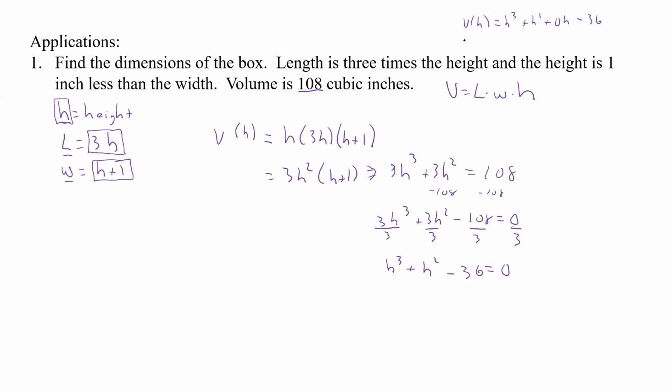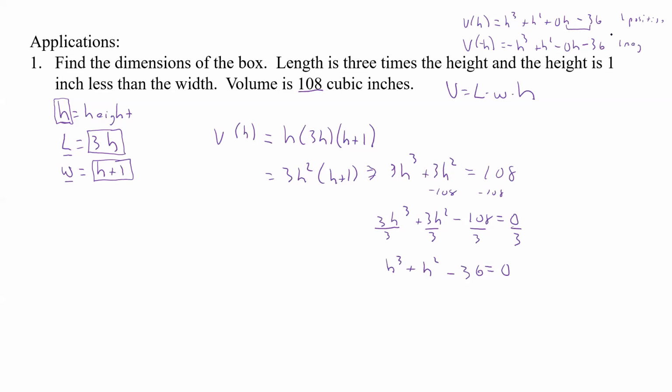And then we can also find v of negative h, and so that's going to be negative h cubed plus h squared, minus 0h and then minus 36. And so we go across, here we have 1 positive, and it looks like 1 negative.